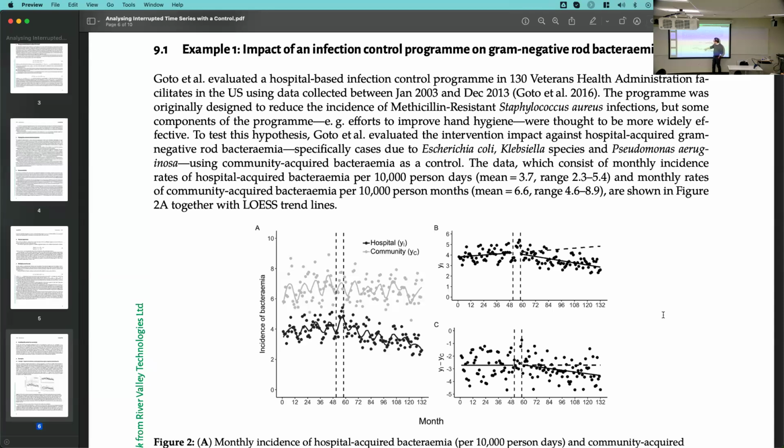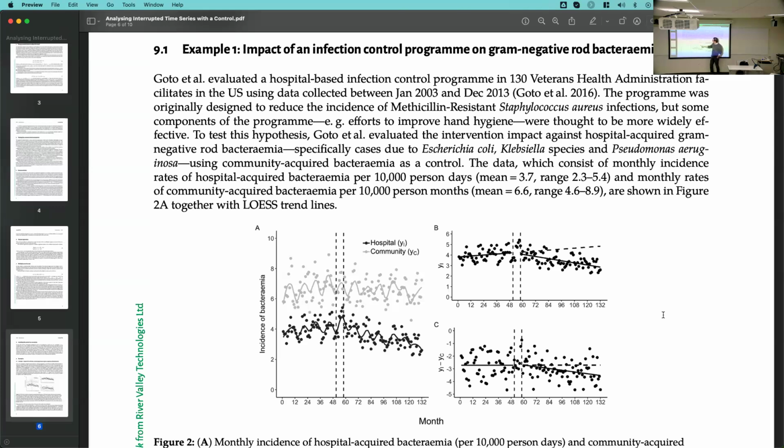So here the idea is that maybe the weather or something could have affected the incidence of this infection. But if that's the case, it should have affected it in both populations.